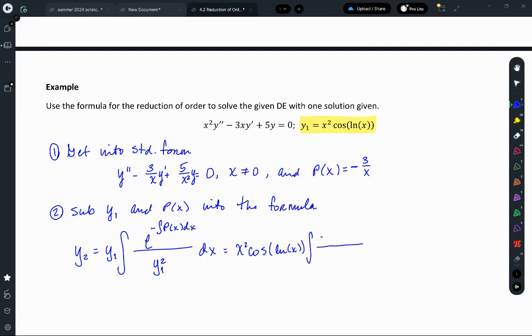In the numerator, we have e to the negative of negative 3 over x, so that becomes positive 3 over x dx. In the denominator, everything in y1 gets squared, so it becomes x to the 4th cosine squared of ln of x, and then we have a dx.